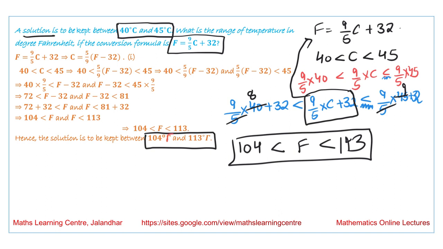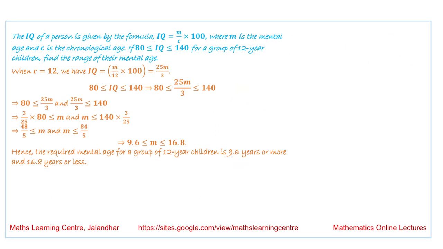These values are basically in Fahrenheit. Next is, the IQ of a person is given by the formula IQ is equal to M by C into 100, where M is the mental age and C is the chronological age. If the value of IQ lies between 80 and 140 for an age group of 12-year-old children, find the range of their mental age.